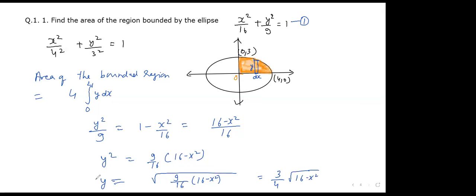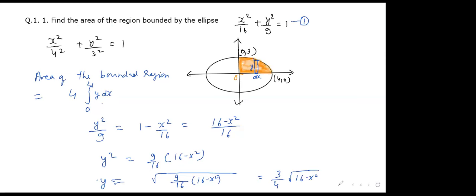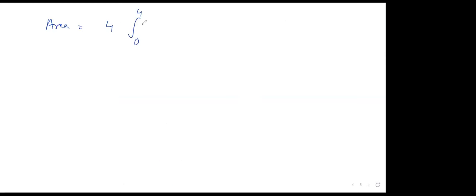Now, in place of y, we can put this value. So area will be the integral from 0 to 4 of 3 over 4 square root of 16 minus x square dx.